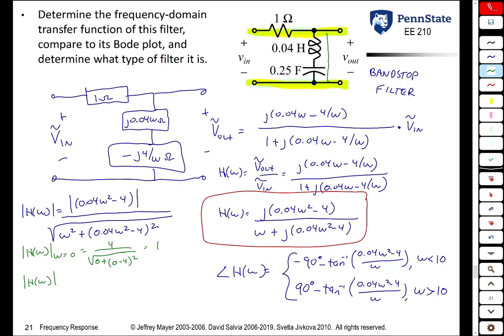How about the magnitude when the frequency approaches infinity? Now, the numerator is going to be some large number squared. The denominator is going to be the square root of a large number squared plus another large number squared. Here, once again, we see that becomes 1.